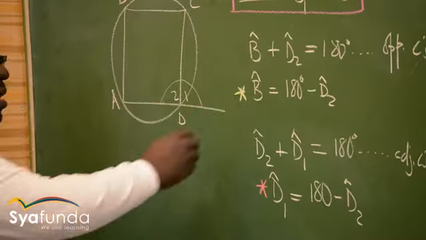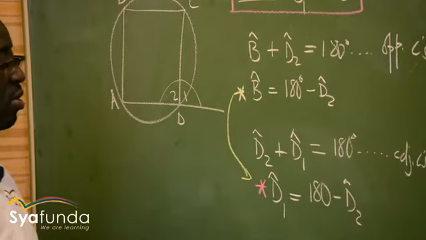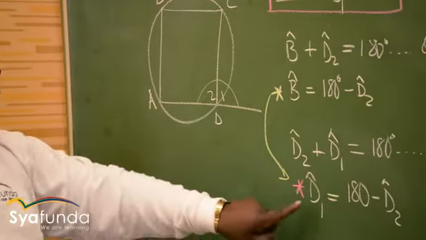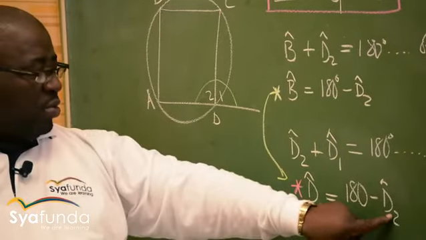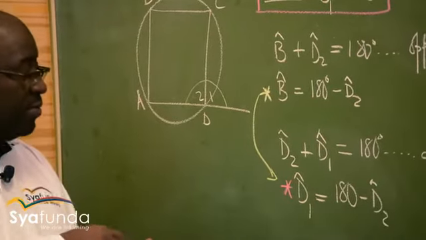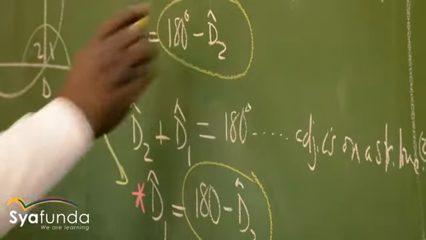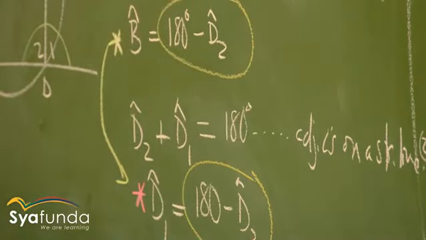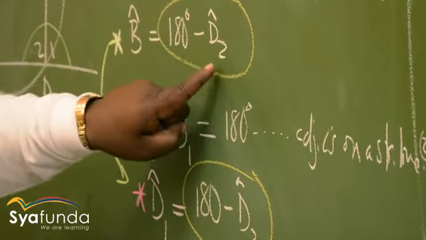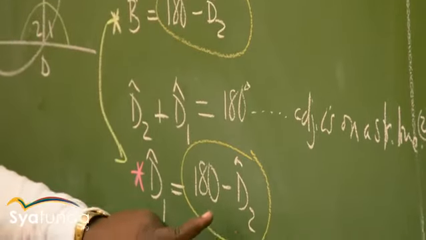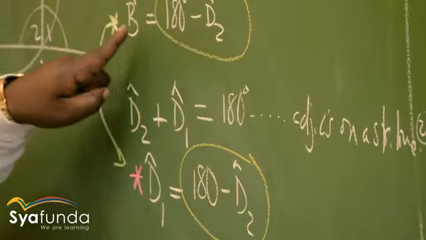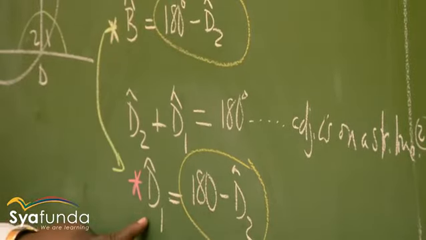Let's look at this one then. We found that D1 is equal to 180 minus D2. Now watch. Look at this one, and look at this one. What do you notice? They are exactly the same. This is 180 minus D2, and this is also 180 minus D2. We are saying B is equal to that, and D1 is equal to that.